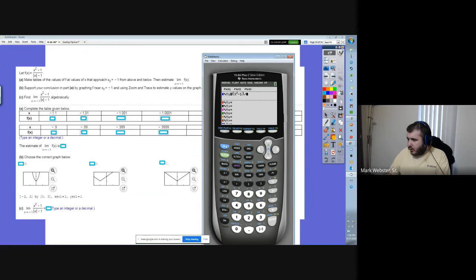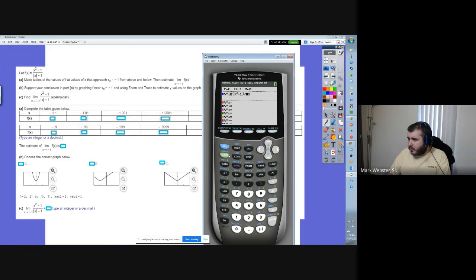oh, where are you? Math. There's an absolute value thing here somewhere. There it is. Absolute value of x. I need to have parentheses here too.